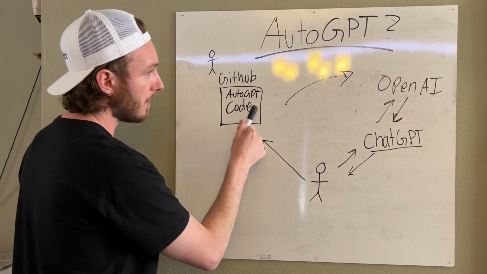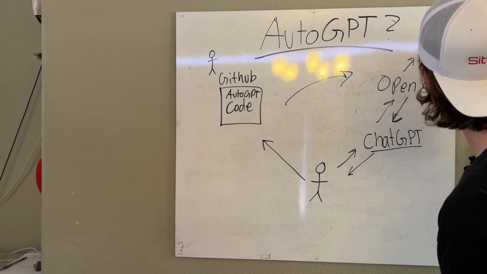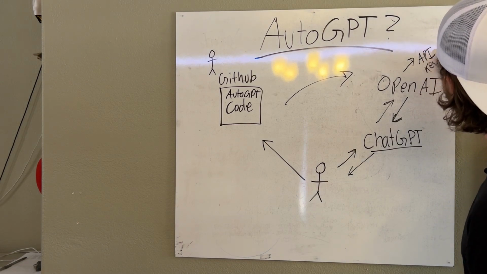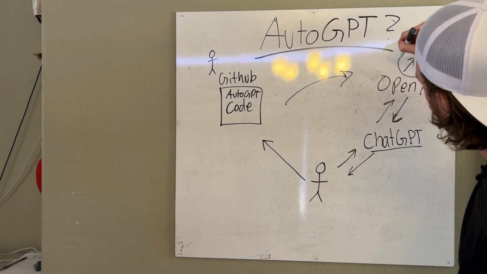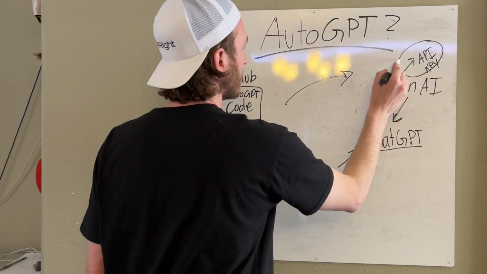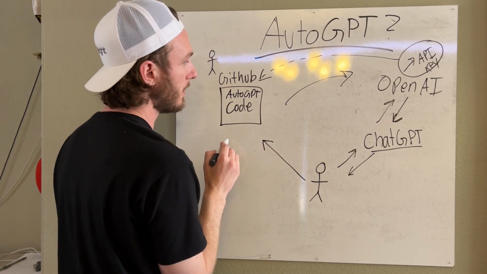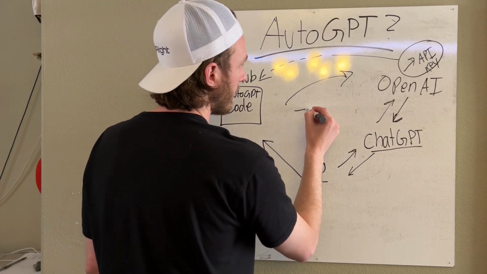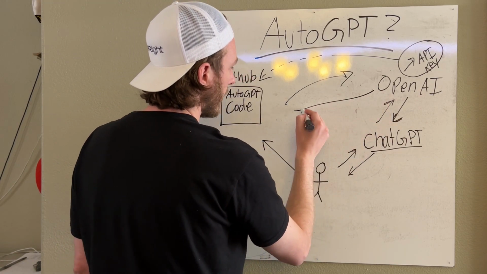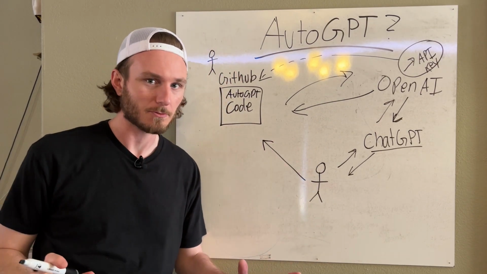You need to use this code, and then you need to get your API key from OpenAI, and this API key gets placed inside your AutoGPT code. And so as users, we can now interact with OpenAI, and OpenAI is going to send back responses, and this is where this whole thing gets really crazy.